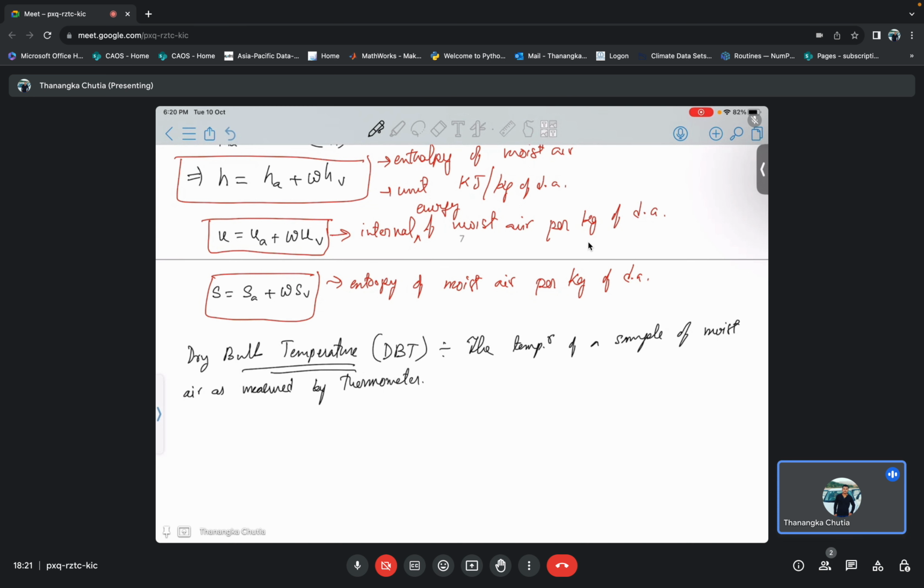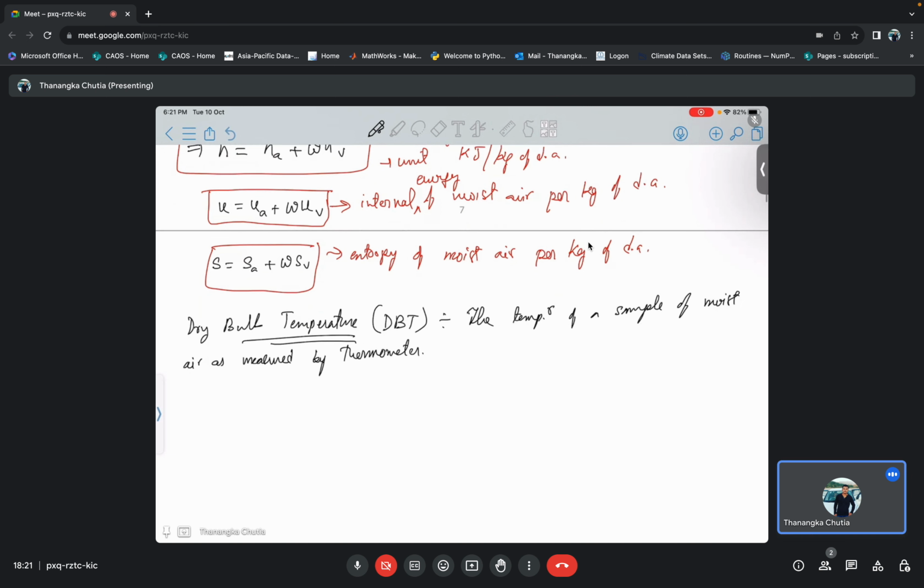That particular temperature is your dry bulb temperature. If I say the temperature of my current place is 20 degrees Celsius, the air in this room is 20 degrees Celsius, I can also say that the dry bulb temperature of this room is 20 degrees Celsius. Nothing more than that.